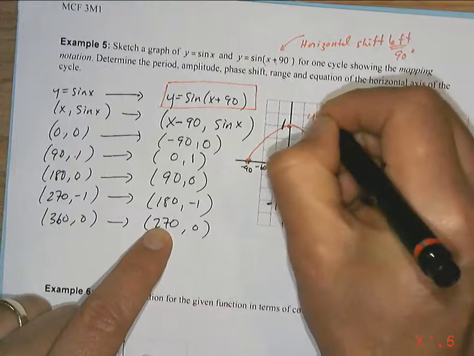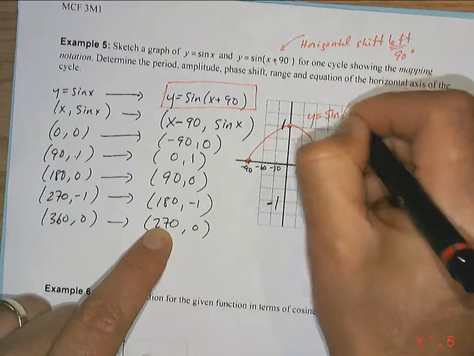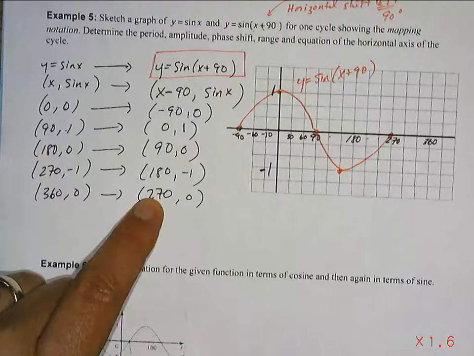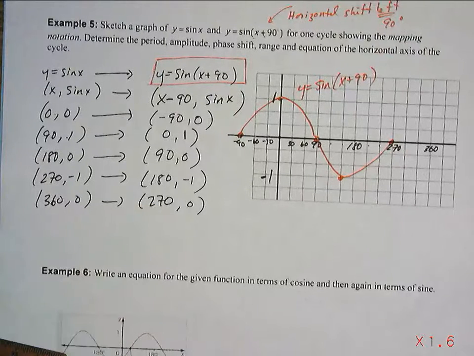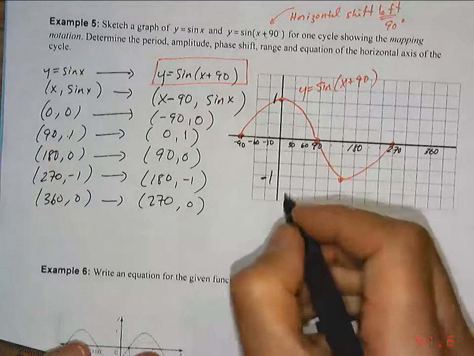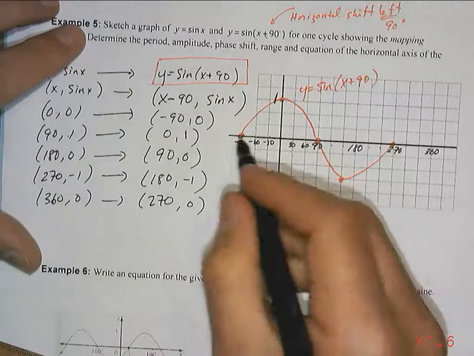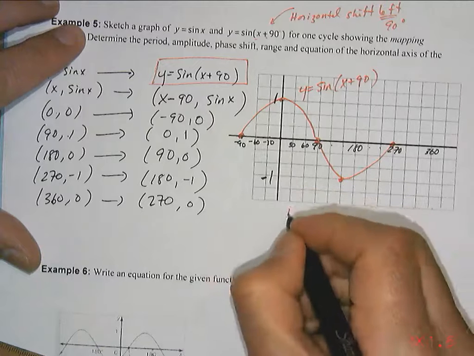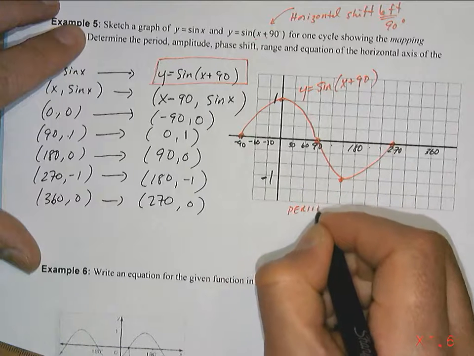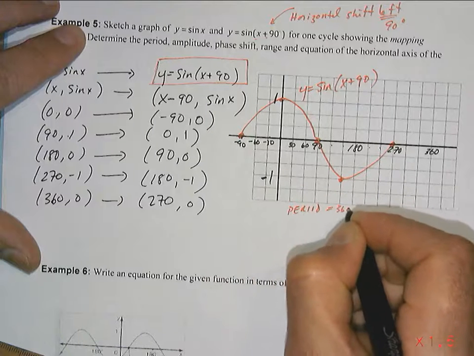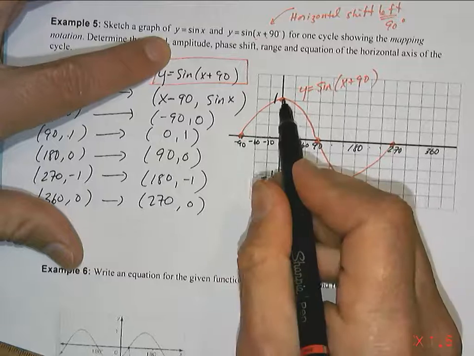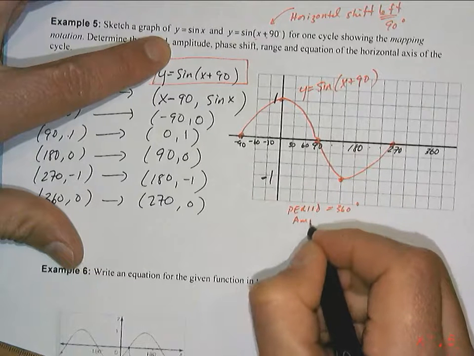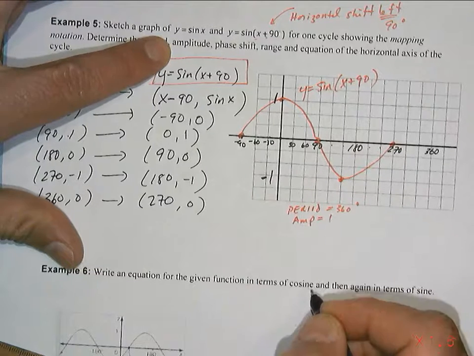There, ladies and gentlemen, we have sketched that curve. We can tell everything about it. We can determine its period. Well, it goes from -90 to 270. That's still 360 degrees. Amplitude goes up to 1, down to -1. Amplitude is 1.